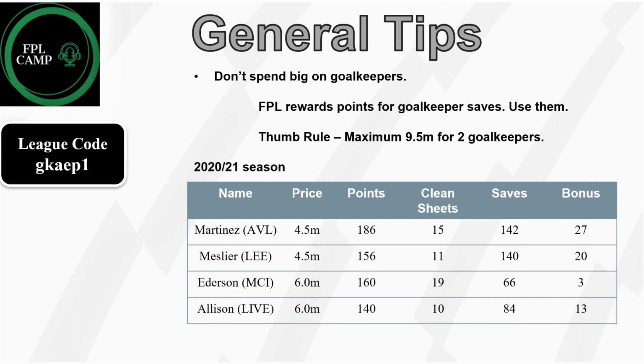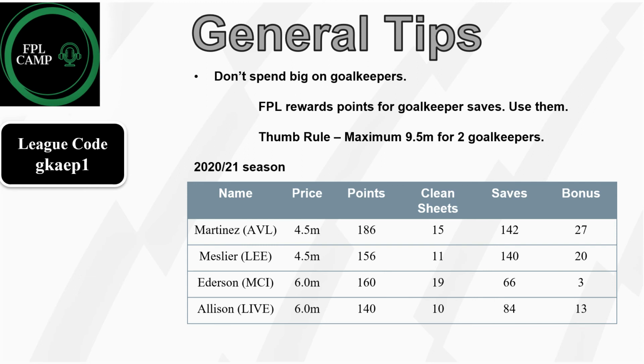Why did this happen? Because Meslier made a mammoth 140 saves as compared to Ederson's 66, earning him those save points and additional bonus points. The more saves a goalkeeper makes, the more chances he has of getting bonus points as well.